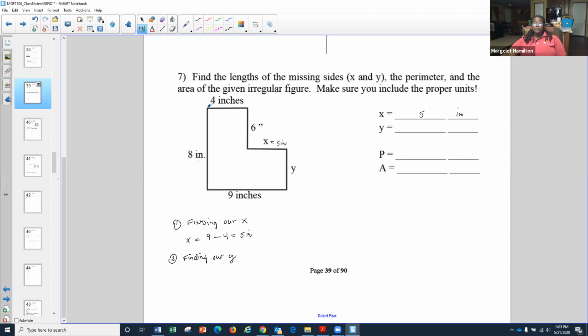We know the full side is 8, and we know this piece here is 6. If we subtract 8 minus 6, what we get left should be this resulting part, which is our Y. So 8 minus 6 gives us, that's right, 2 inches. So our Y equals 2 inches.